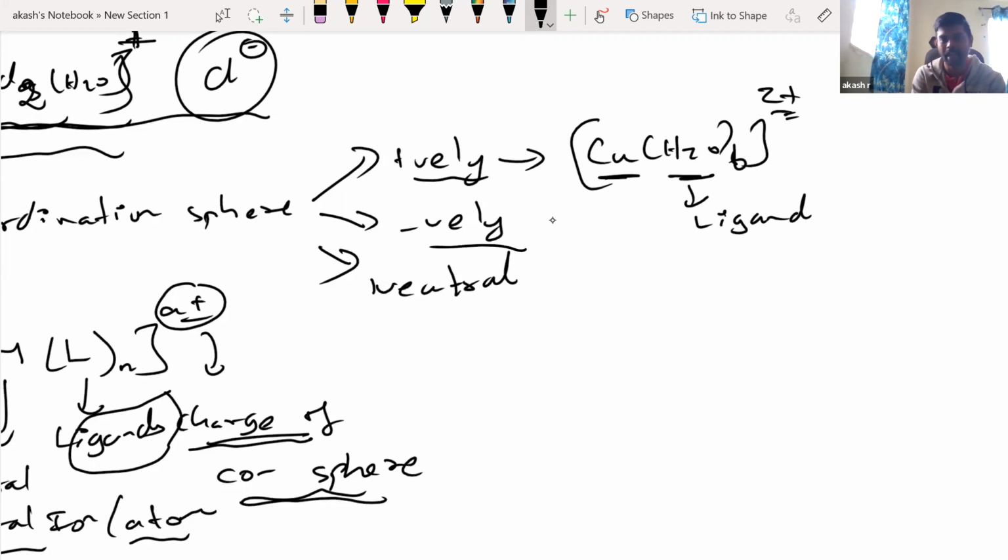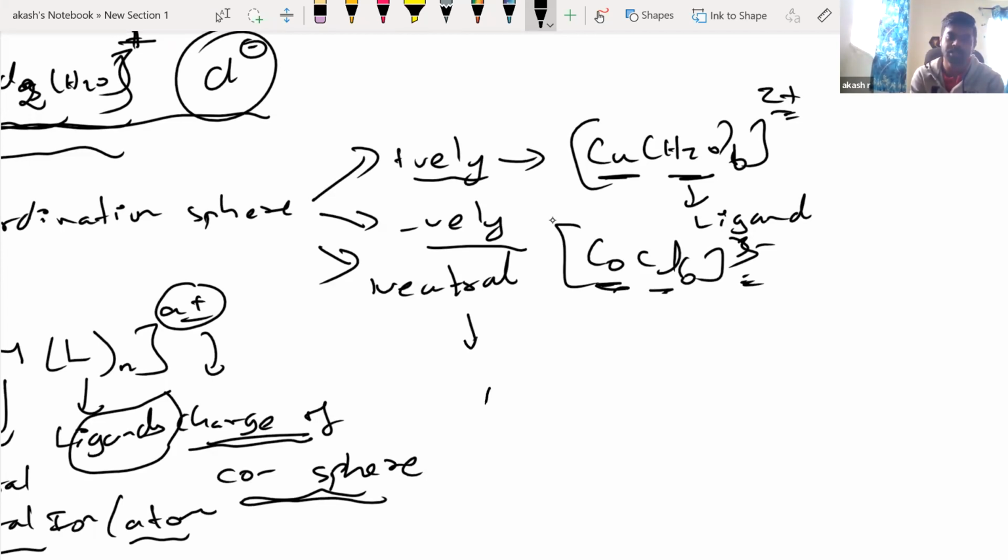Say I can have a negatively charged species, for example [CoCl6]3-. Here Co is cobalt, the central metal atom, chloride is your ligand, and this 3- indicates that it is a negative charge.